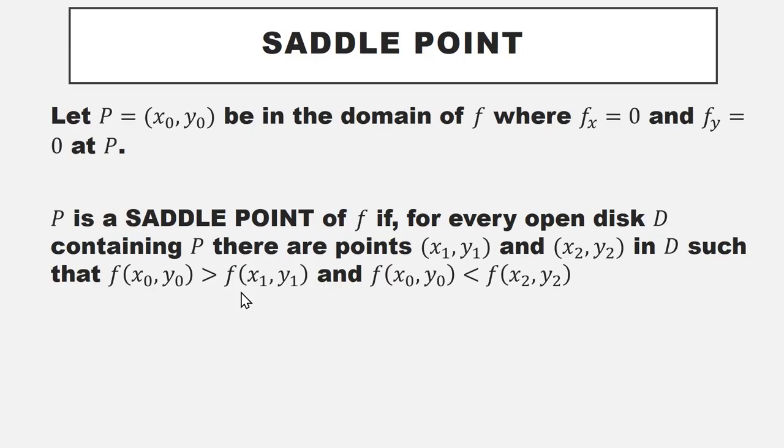So if we find a critical point such that for every open disk, there's some values which are bigger and some values which are smaller, then we get a saddle point.